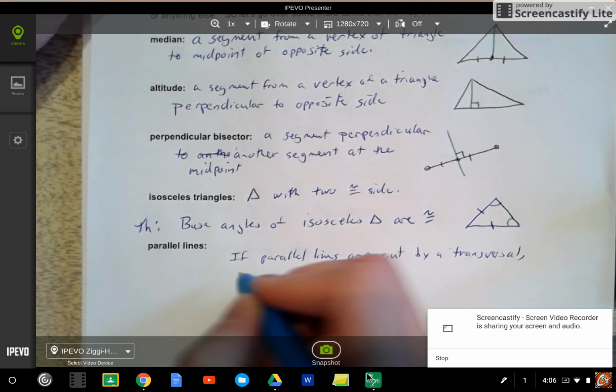If I knew this angle is congruent to that angle, so this is my given, then I know if alternate interior angles are congruent, then I can conclude lines cut by a transversal are parallel. Okay, so it's a way that we can prove whether lines are parallel or not.